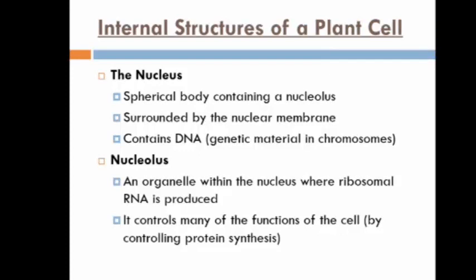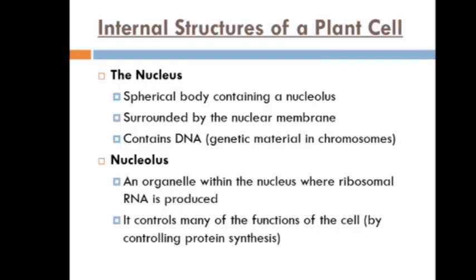There is another one, the nucleolus. As I said, the nucleolus is found within the nucleus. The nucleolus is an organelle within the nucleus where ribosomal RNA is produced. There are these things known as RNA. The long form of RNA is ribonucleic acid.